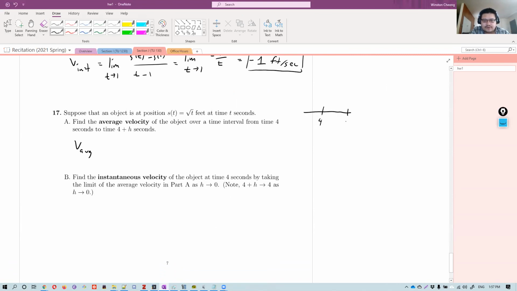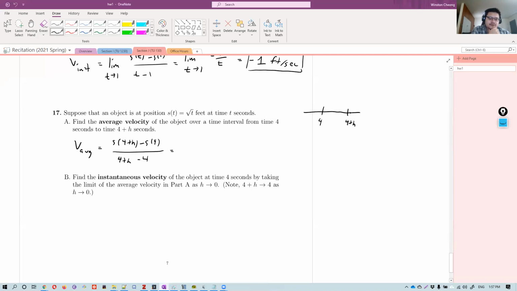It goes from 4 to 4 plus h. But we can still handle that. So we use the final time minus initial time: s of 4 plus h minus s of 4, all over 4 plus h minus 4. But obviously this simplifies.